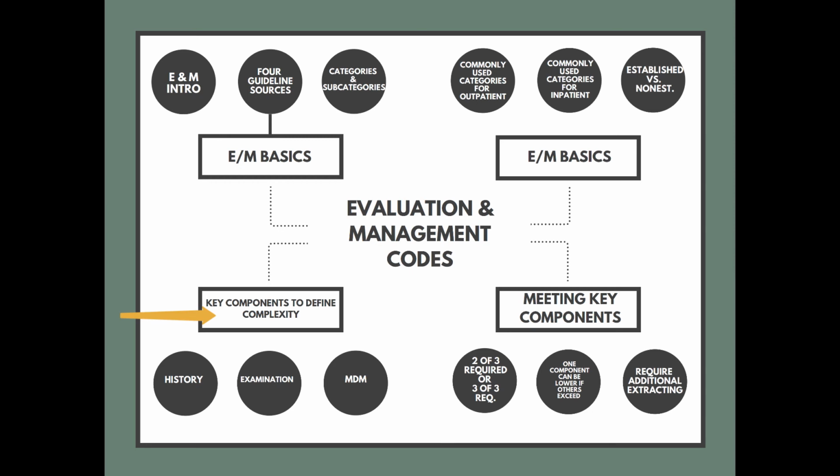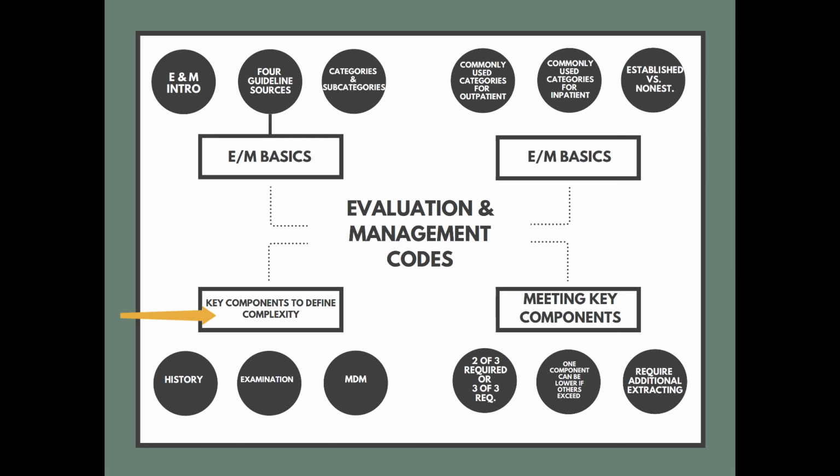The third component is medical decision making. Medical decision making refers to the complexity of establishing a diagnosis and/or selecting a management option. There are three elements to medical decision making that you have to know about. The first is the number of possible diagnoses and/or the number of management options that must be considered.